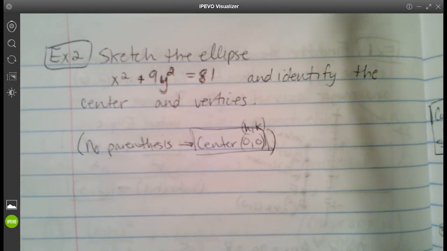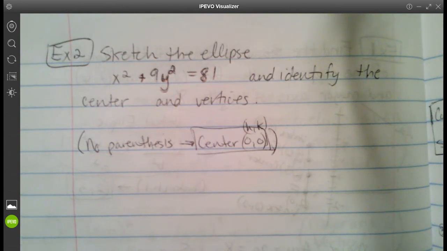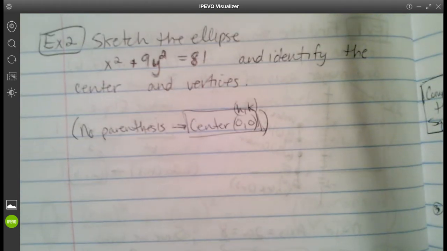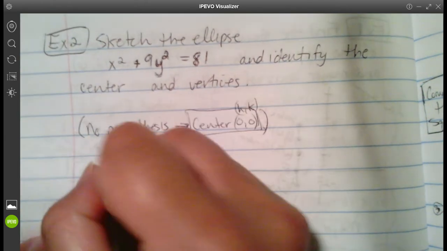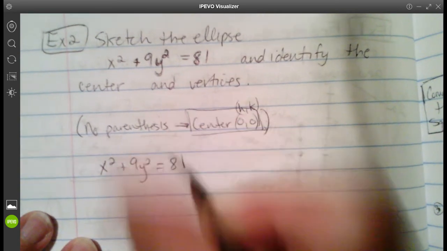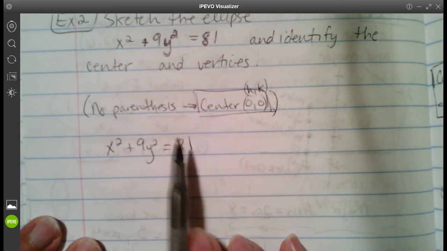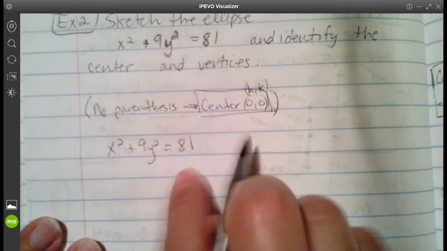How are we going to find the vertices? Well, to find the vertices, we need to figure out where everything else is. What is my A? What is my B? I can maybe graph it and see where those endpoints are going to be. So let's rearrange this a little bit. We have x squared plus 9y squared is equal to 81. Remember that this is supposed to be equal to 1 for ellipses. So we have a problem with this 81.